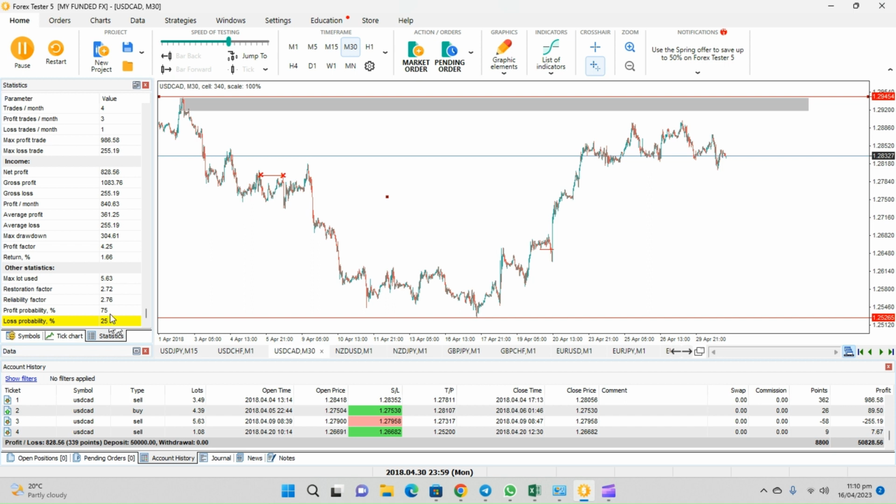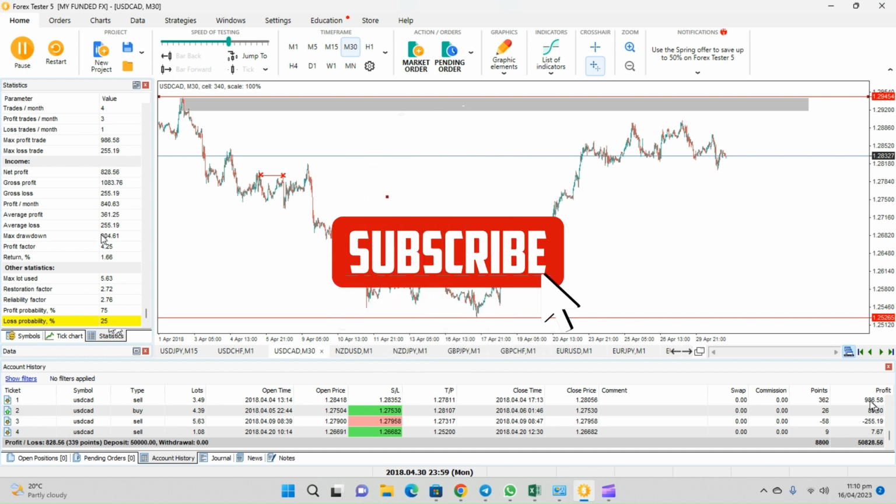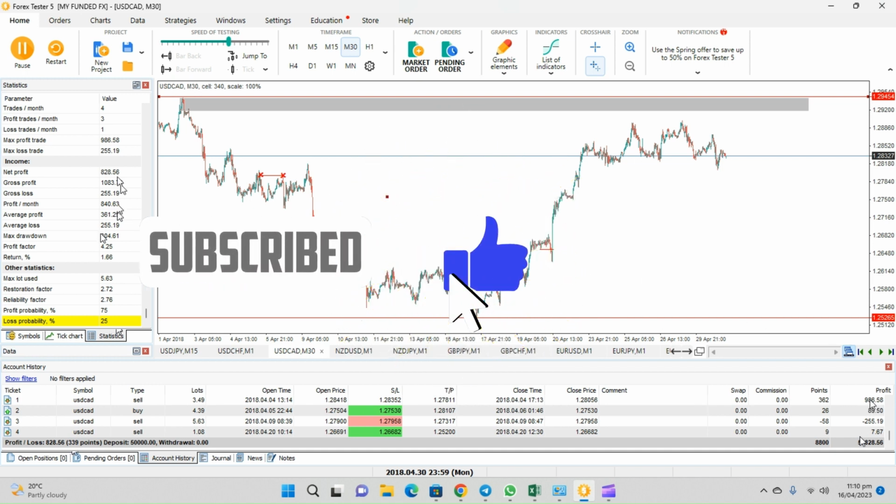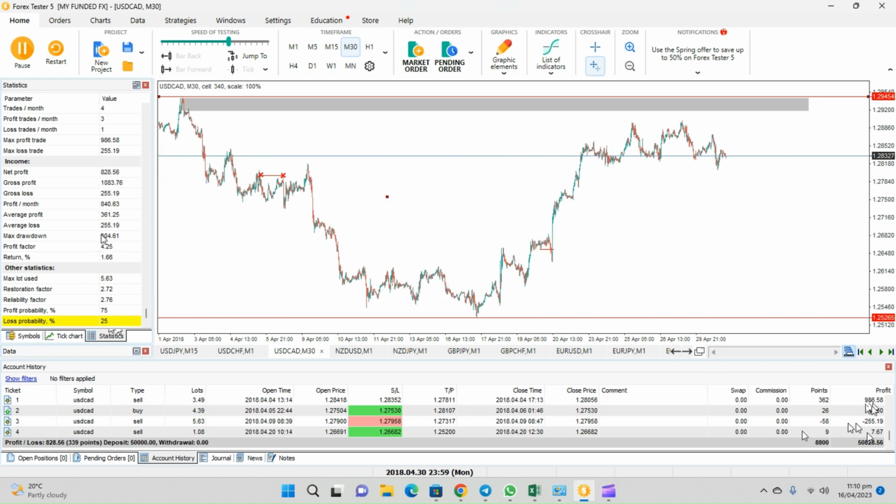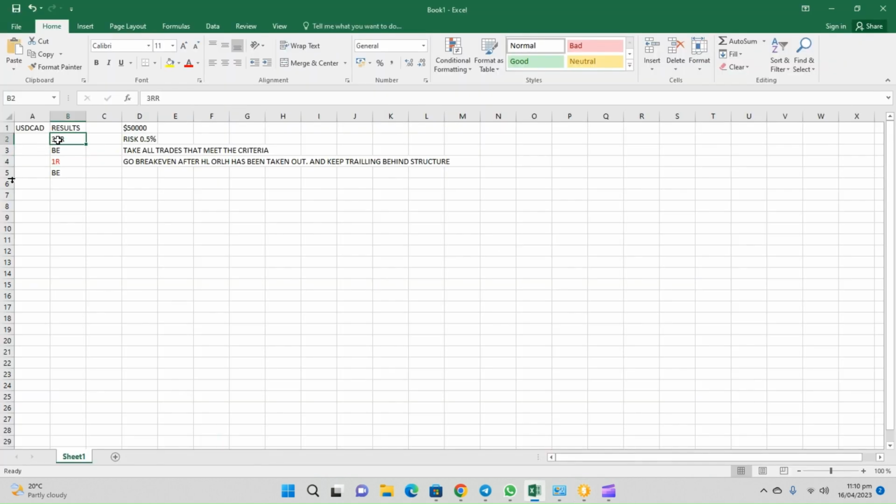So they literally give you all these stats, and you can see that we started from $5,000 and we made a profit of almost $828 right here. And this would have been more, but remember what happened here. This would have been 1 to 6, but we cut it short by moving our stop loss. I mean, by being scared of letting the trade run. So this is how it is.